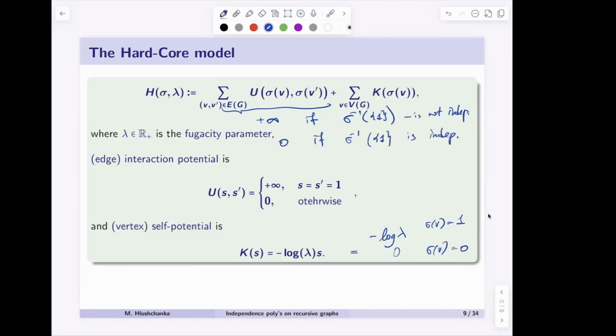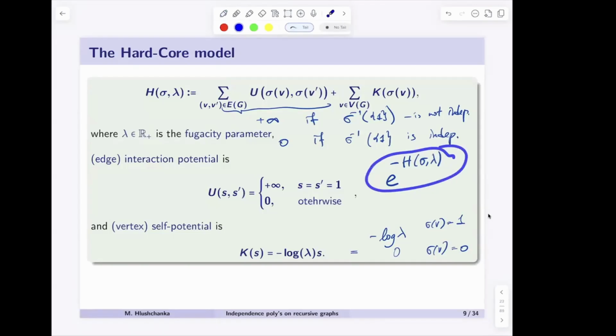Remember that the corresponding weight was e to the power minus the energy, the reciprocal of the exponent of the energy.